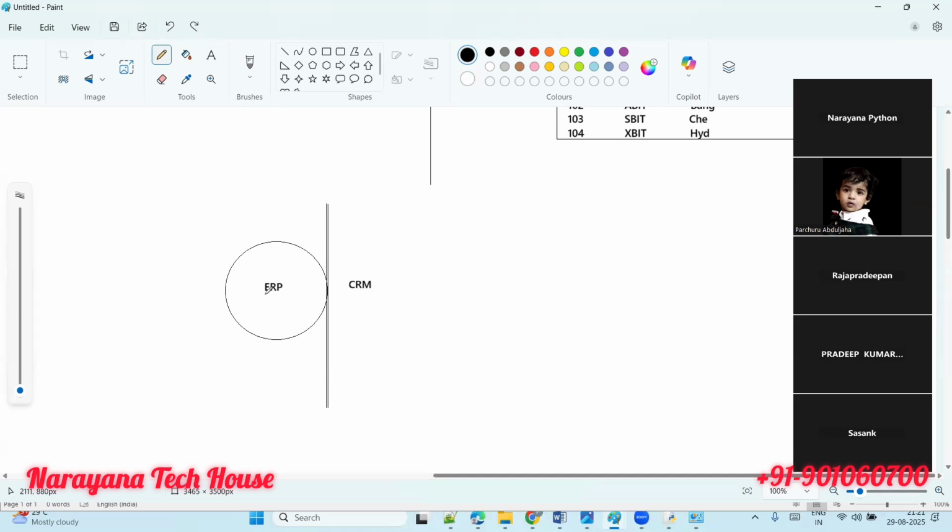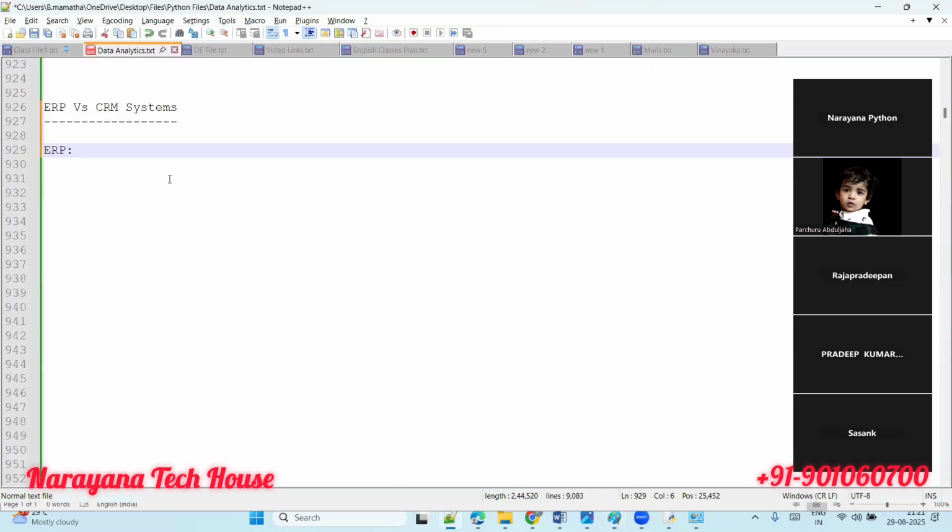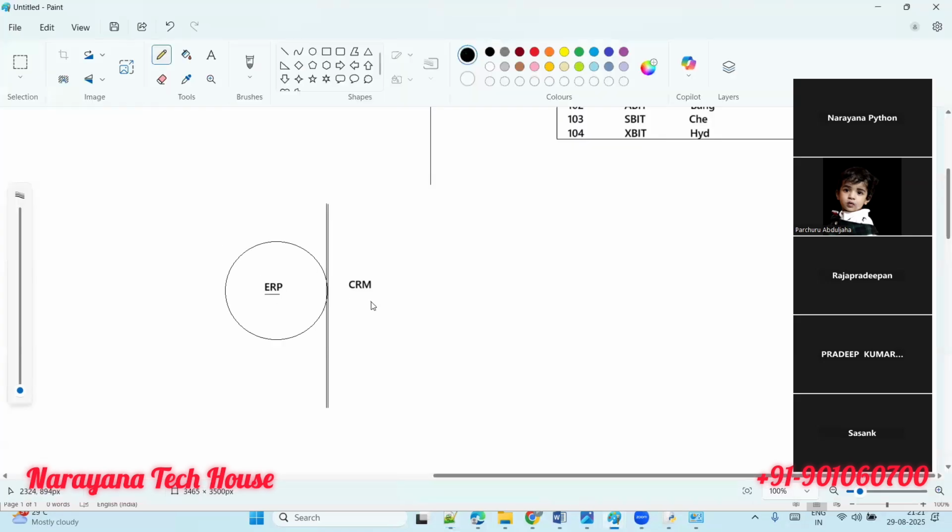Now let's go one by one. First, ERP systems. In the ERP system, guys, we integrate the internal business operations.